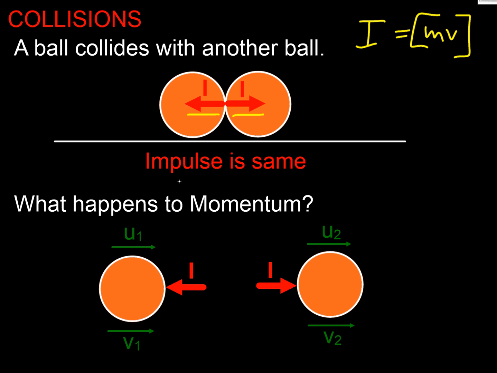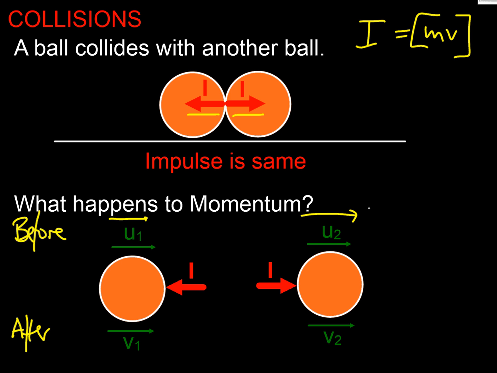So I'm going to set this up so we can see it. I've got my before velocities on the top and my after velocities on the bottom. Beforehand, the left hand ball is travelling at velocity u1 to the right, and the right hand ball beforehand was travelling at u2 to the right.